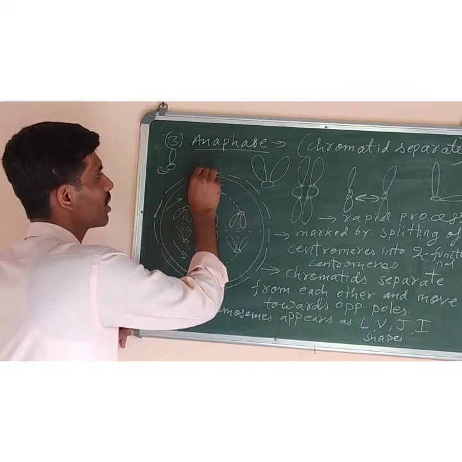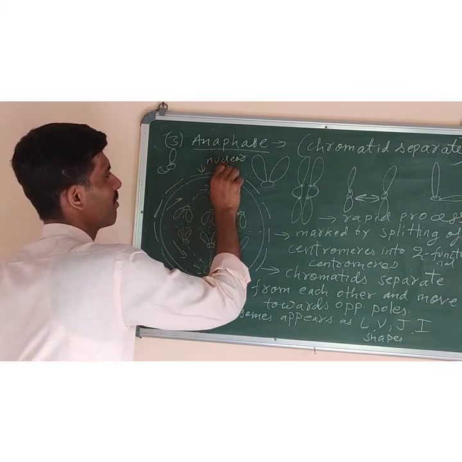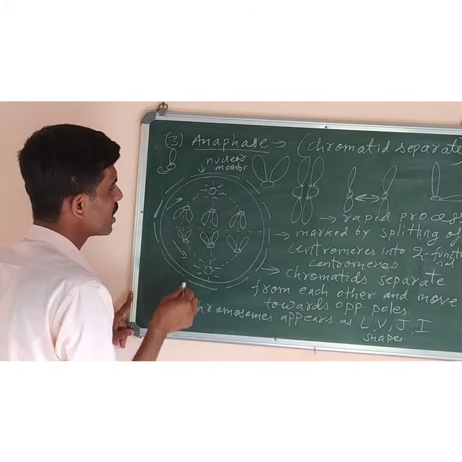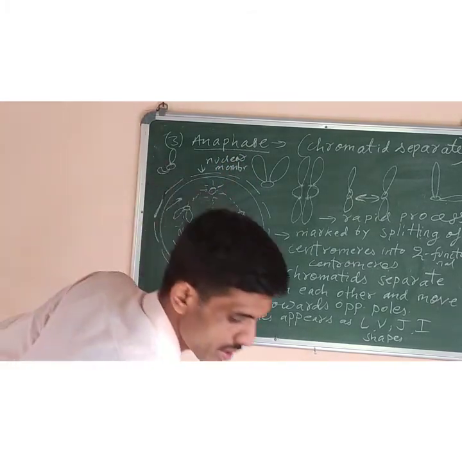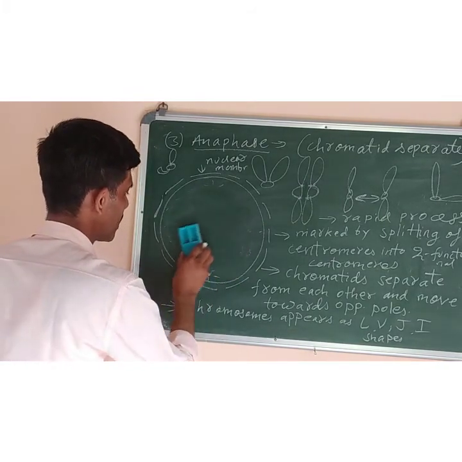This is the nuclear membrane. The nuclear membrane reappears, and even the nucleolus also reappears. Some slight changes we have to make here, because it is the last stage, the telophase stage.